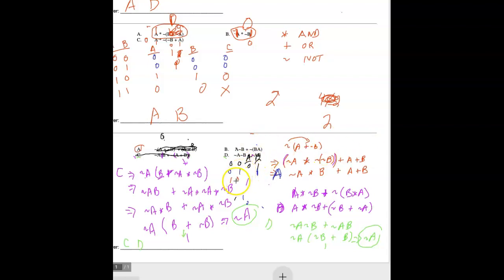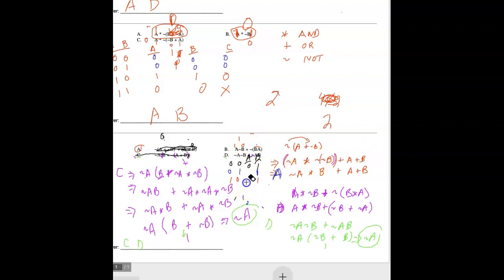Nonetheless, plugging in 1, 0 here, a 1 for A, a 0 for B. The 1 times the not of 0 is overall 1. 1 plus anything is 1. So we get a 1 there.